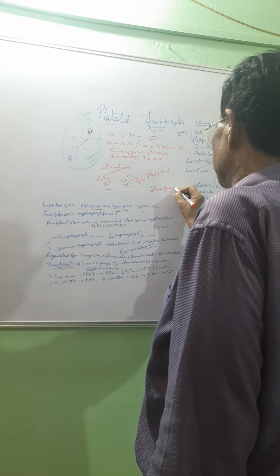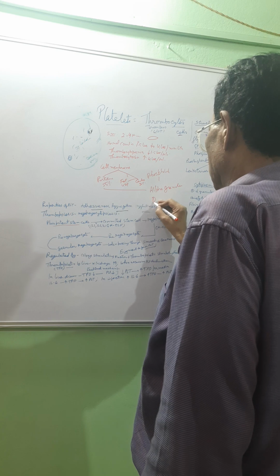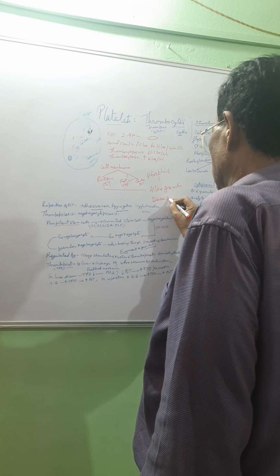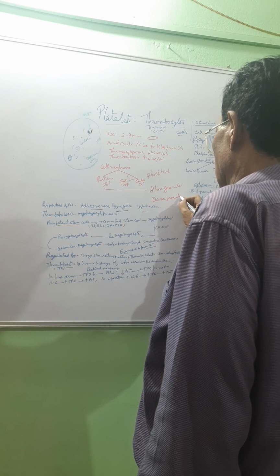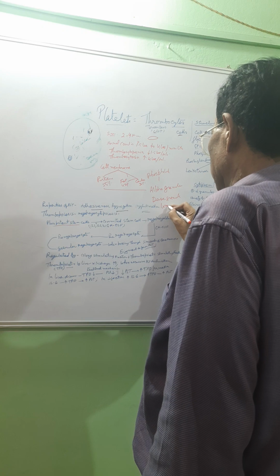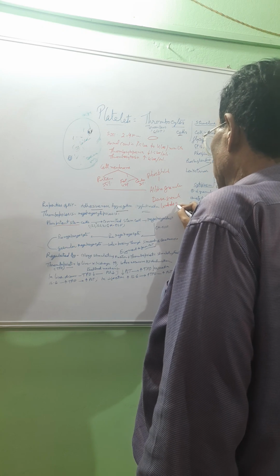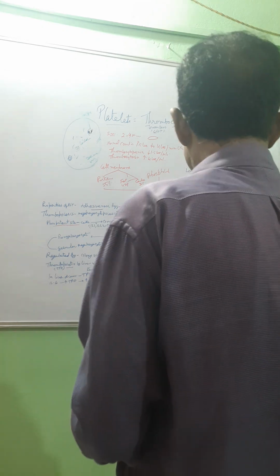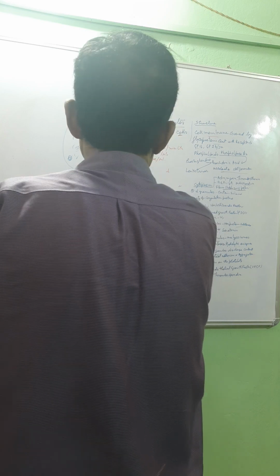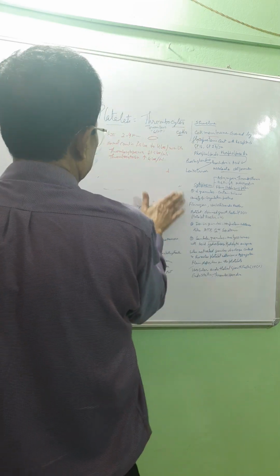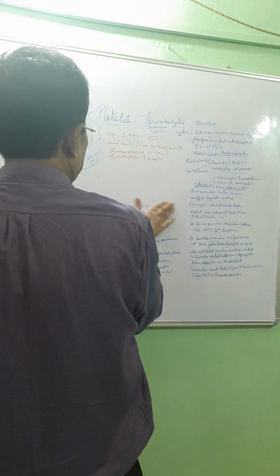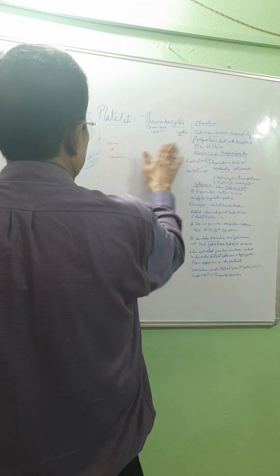Three types of granules are present in the cytoplasm.